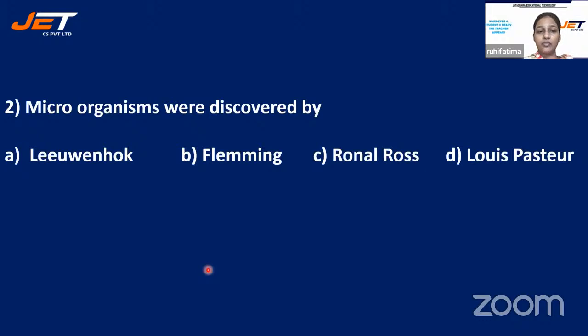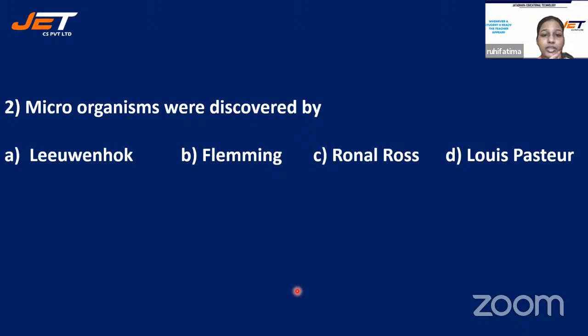Next question we have. Microorganisms were discovered by dash. This is a very important question, students. Many times it has been asked in many exams also. So go through this. You can note down as important question also. Come on, let me see who answers this correctly. Okay, students, you have 30 seconds.